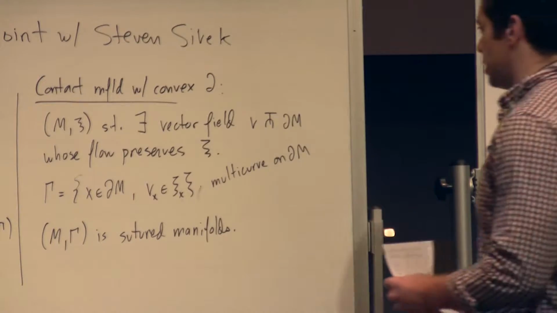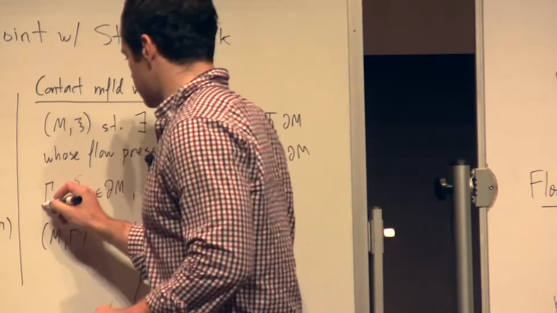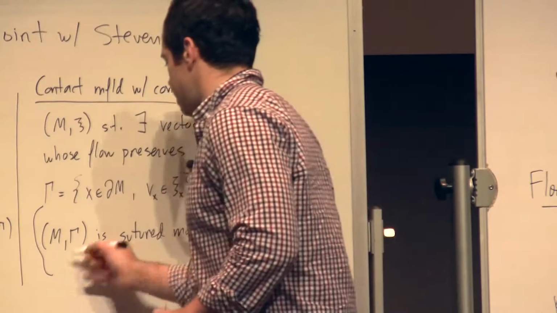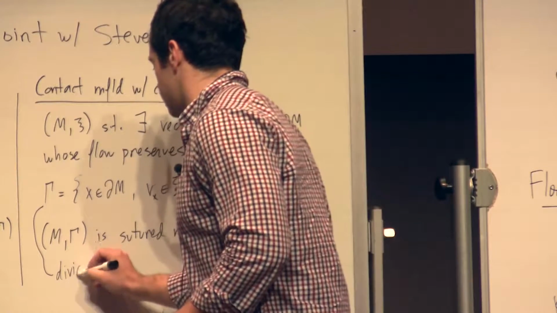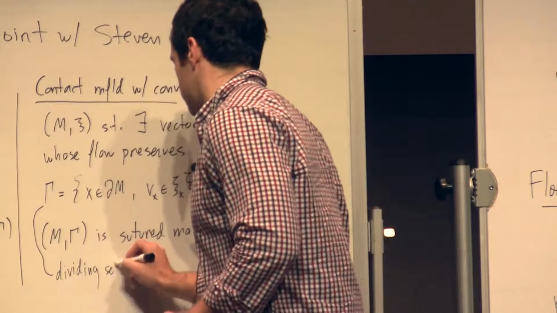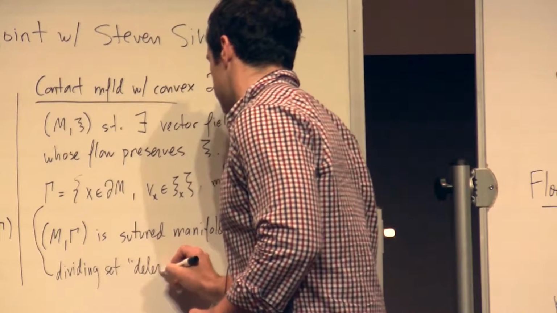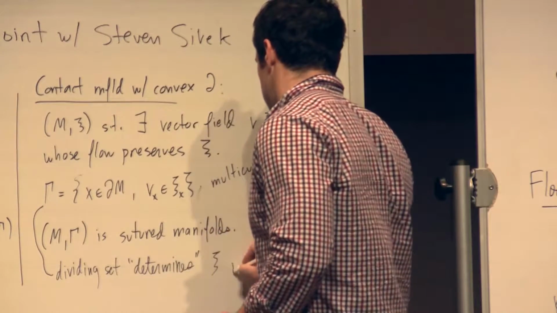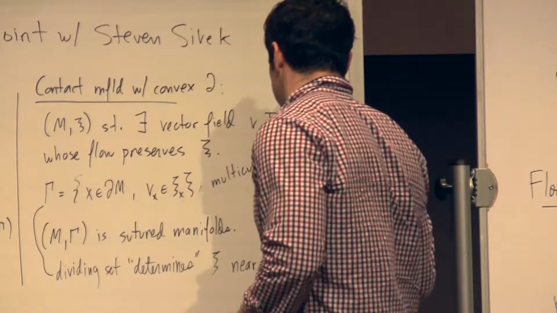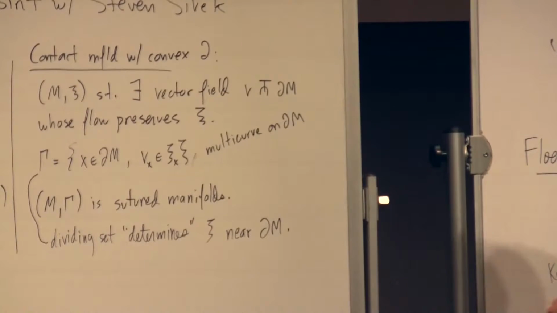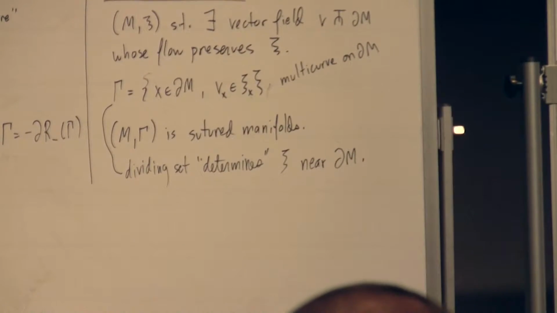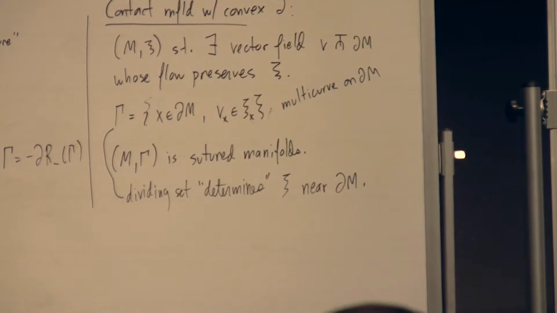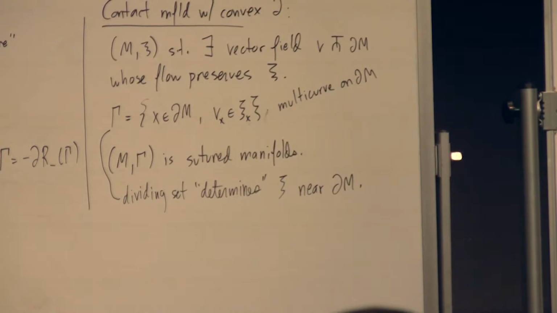And I should say that in contact geometry, this is called not a suture, but the dividing set. And this dividing set essentially determines the contact structure near the boundary of M, which is useful if you're trying to think about how to glue contact manifolds with boundary together along their boundaries.